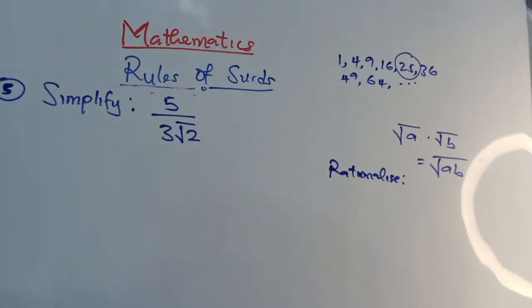We should rationalize or simplify 5 over 3 root 2. Is anybody solving it?